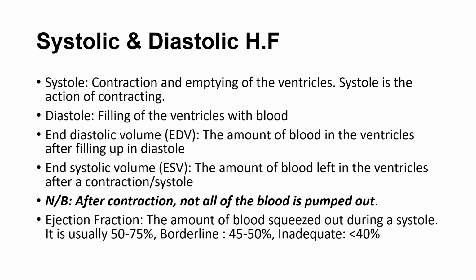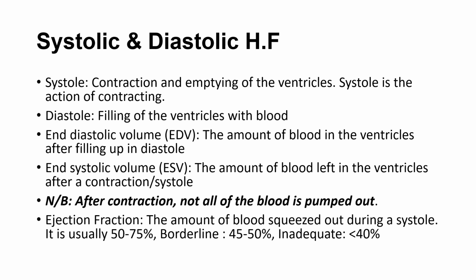This will cause an increased end diastolic volume. And then we have the end systolic volume. This speaks for itself. Systole, contraction of the heart. With the amount of blood in these ventricles, we count the amount that is left in the ventricles after the contraction as end systolic volume.